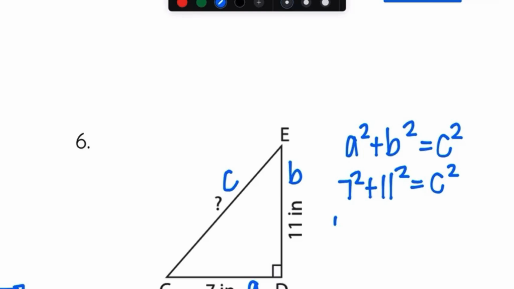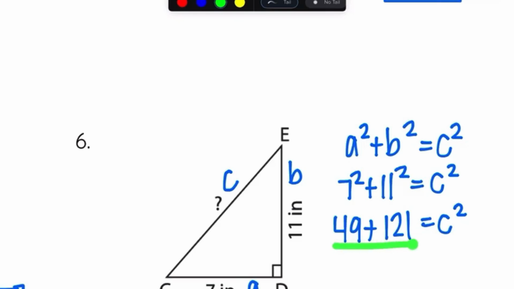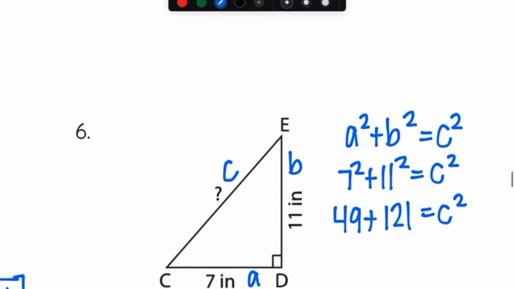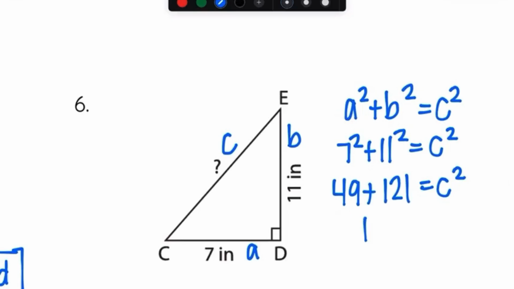So 7 times 7 is 49. 11 times 11 is 121, is equal to C squared. Again, these are on the same side, so we don't have to do inverse operations. We're just going to add. 49 plus 121 is 170.